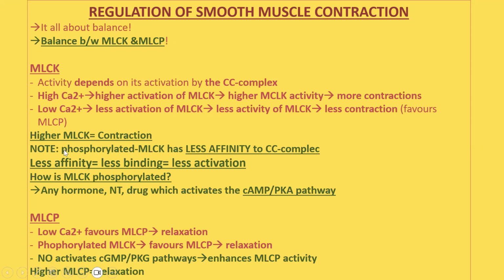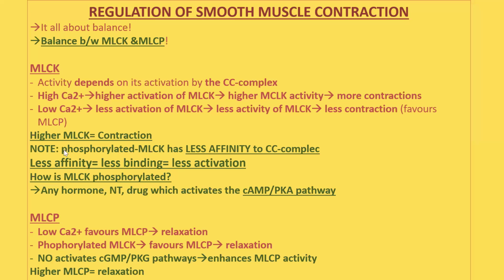Another very important thing to note is that if this enzyme is phosphorylated, so the MLCK itself has a phosphate on it, it has less affinity to the CC complex. So I have the MLCK and it is normal, the CC complex will go bind and activate it.